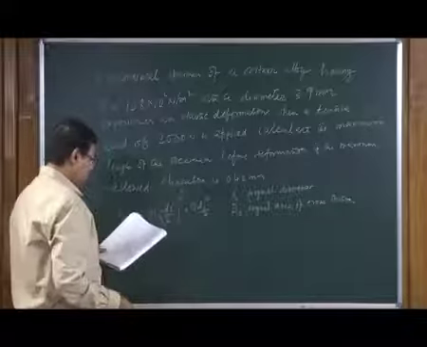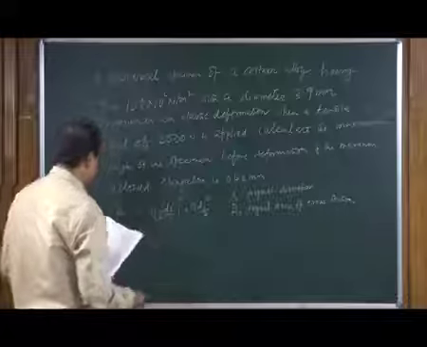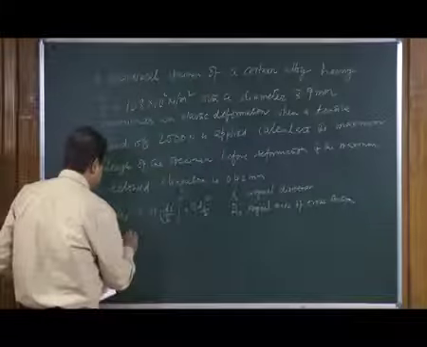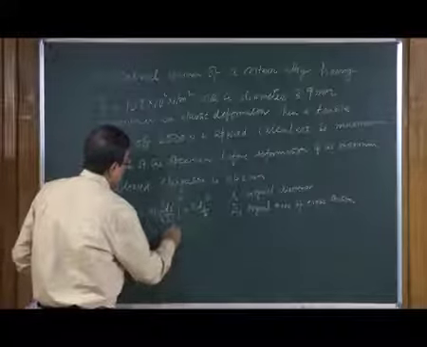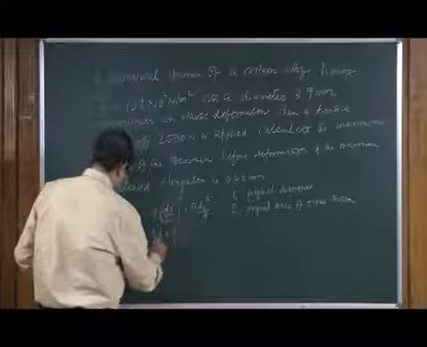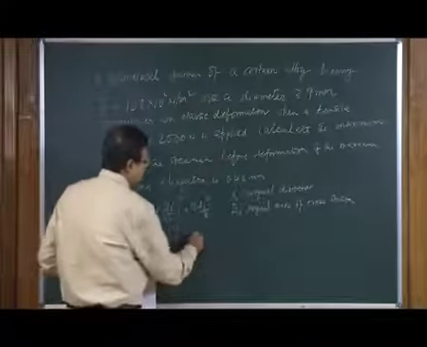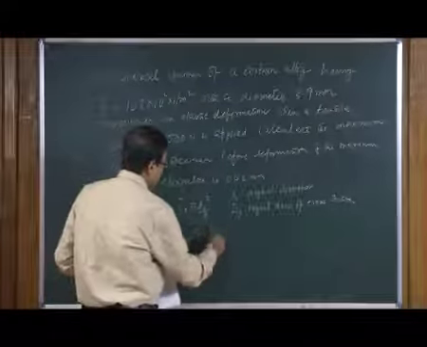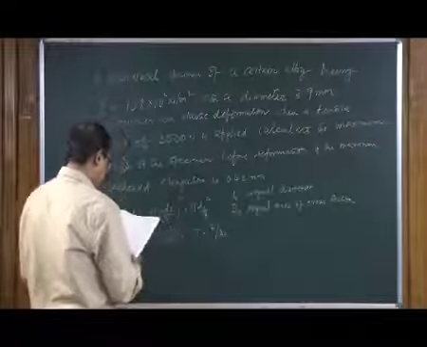So we have to calculate L0, the original length, that is the length before deformation. L0 is equal to delta L into Y divided by sigma, where sigma of course is equal to F over A0. F is given to be 2000 Newton.